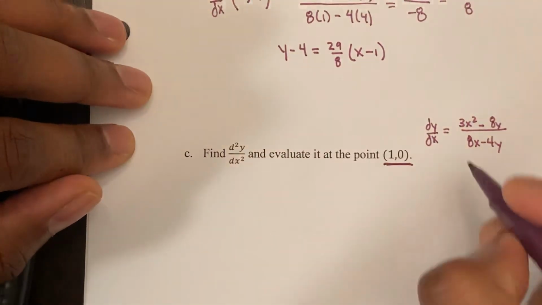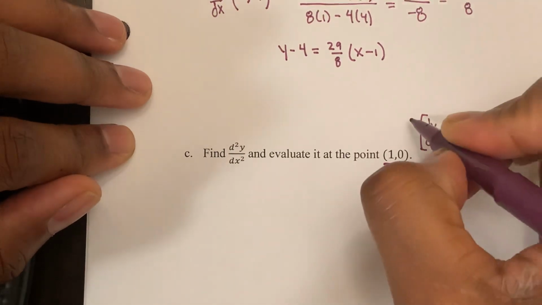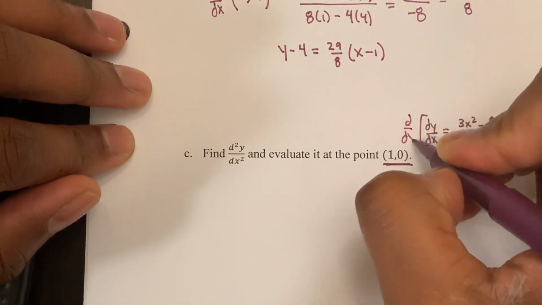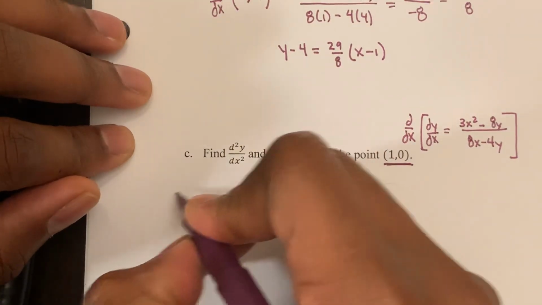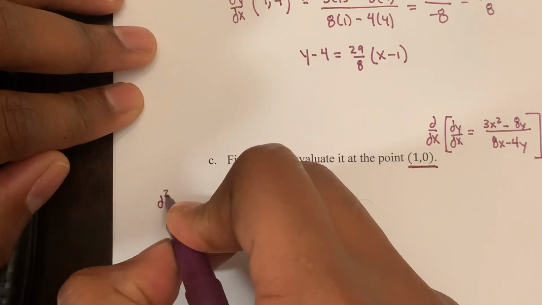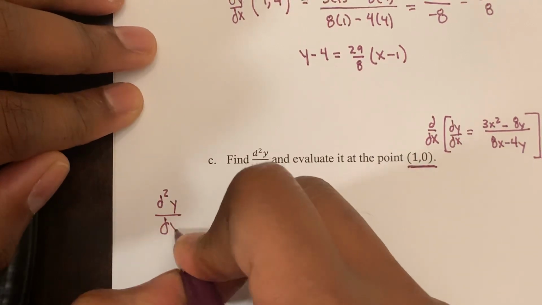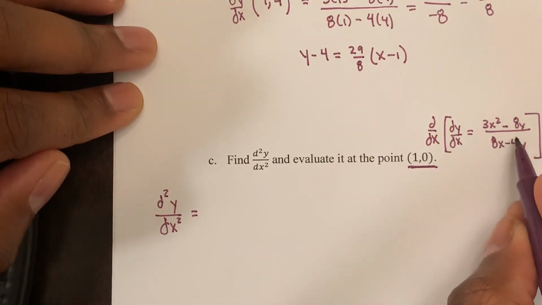When we're doing the second derivative, all we're doing is again applying the derivative operator. We get d2y over dx squared is equal to, so now we have to do the quotient rule.